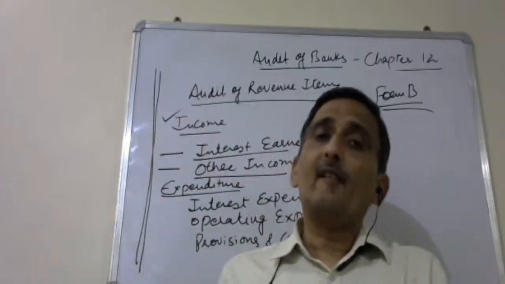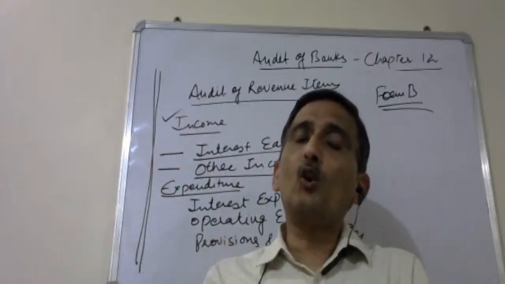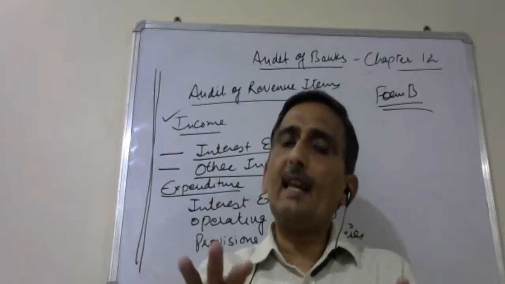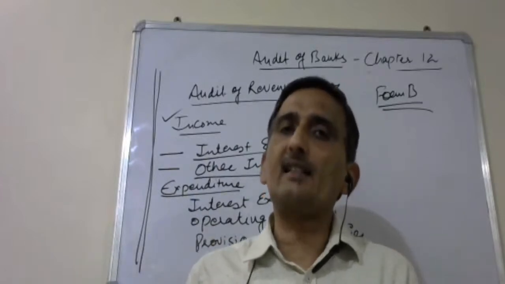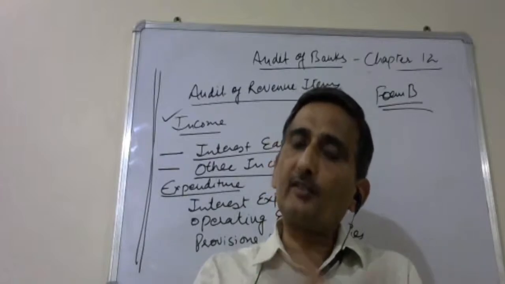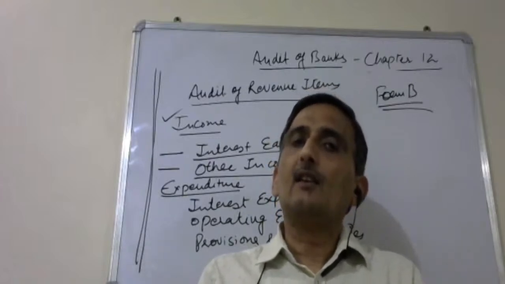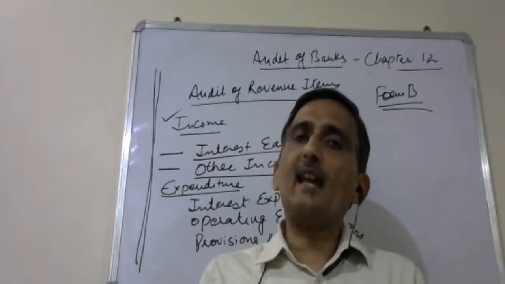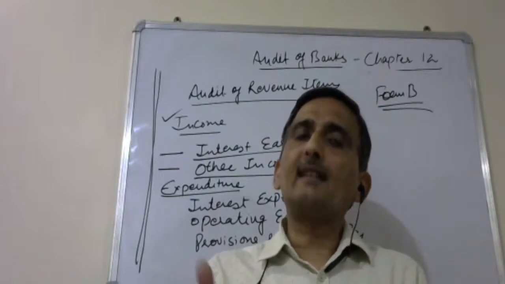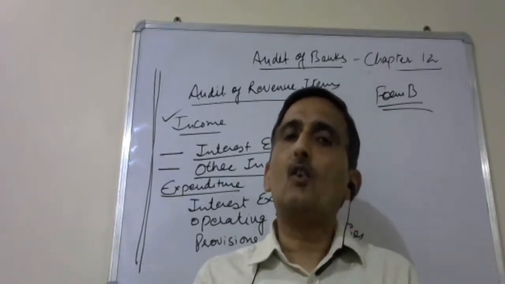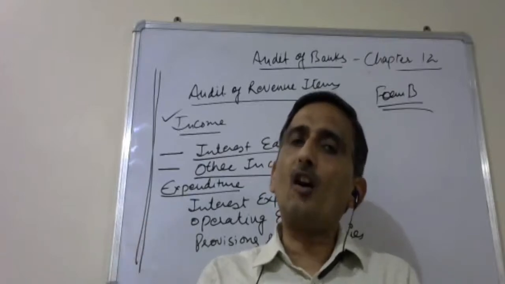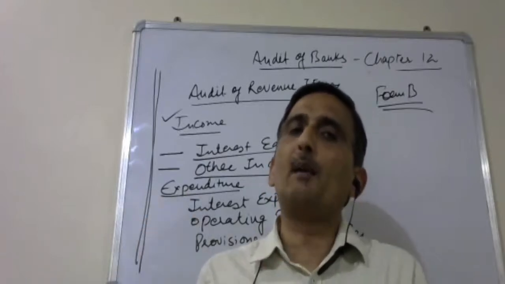When a bank sanctions a loan to a borrower, it collects certain processing charges for processing the application, say 200 per lakh, or 250 per lakh, or a percentage of the loan amount.